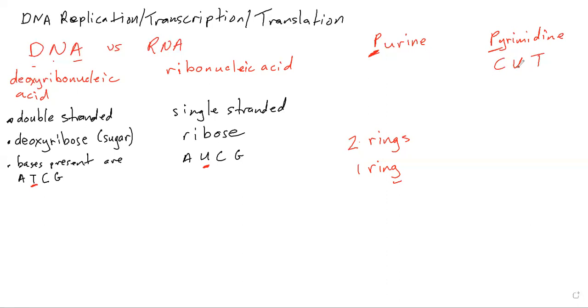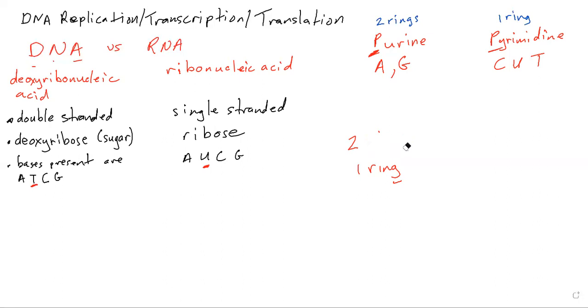I like to use the acronym CUT: cytosine, uracil, and thymine. For the purines, it would be adenine and guanine. So as you said, the purines have two rings, and the pyrimidines a single ring.